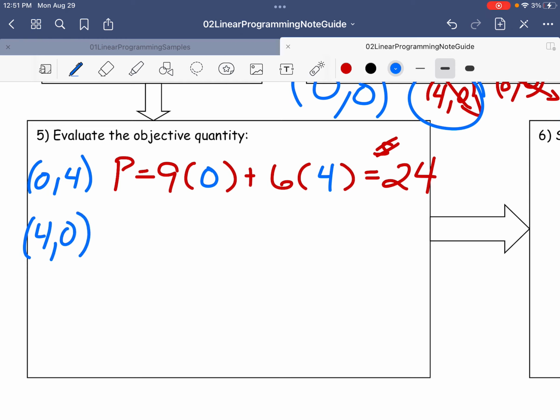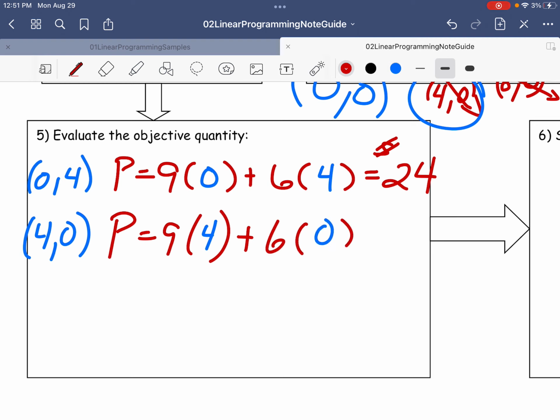What if I make 4 deluxe phones? Well, it's $9 for every deluxe. I'm not going to have any standard phones. So we have 4 deluxe phones, no standard phones.